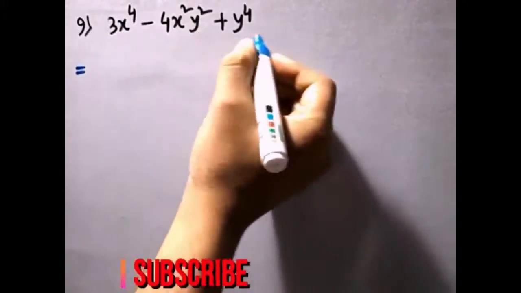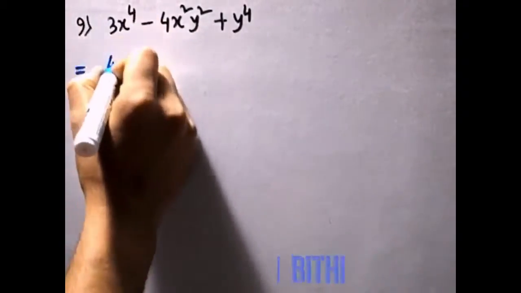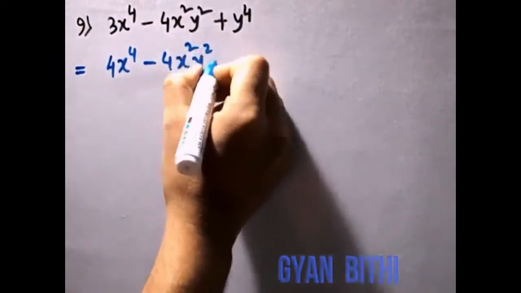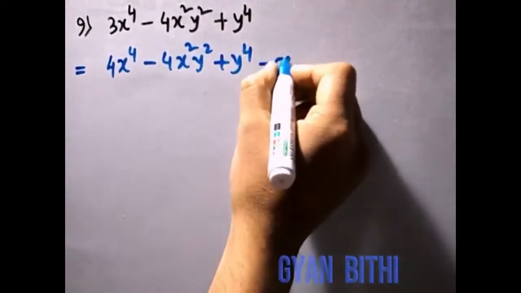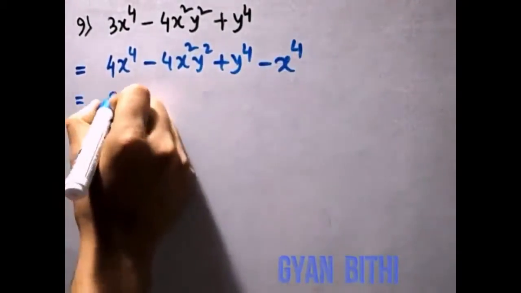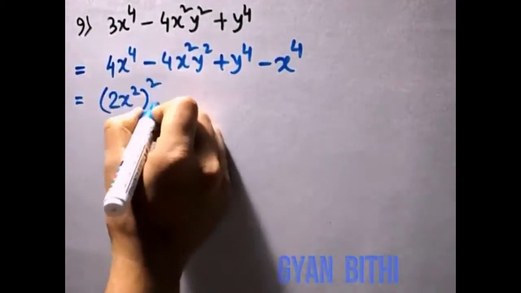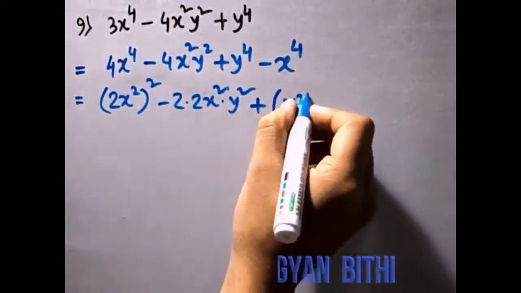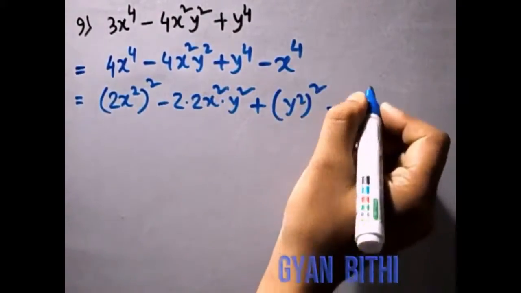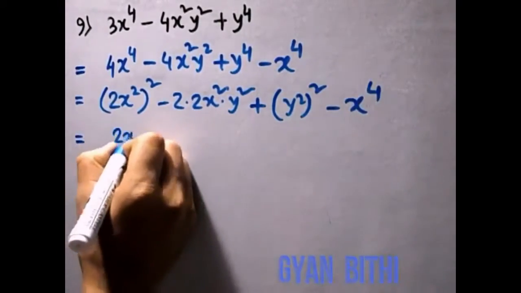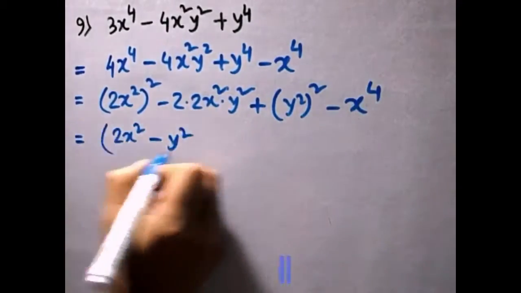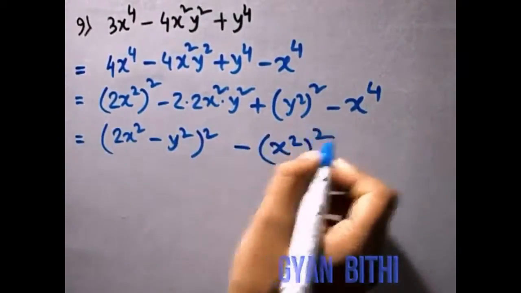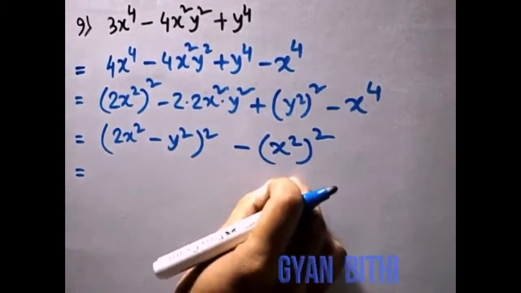3x to the power 4 minus 4x square y square plus y to the power 4. So we split this in the form 4x to the power 4 minus 4x square y square plus y to the power 4 minus x to the power 4, equal to 2x square whole square minus 2 into 2x square into y square plus y square whole square minus x to the power 4, equal to 2x square minus y square whole square. So this is in the perfect square form, minus x square whole square, a square minus b square form.